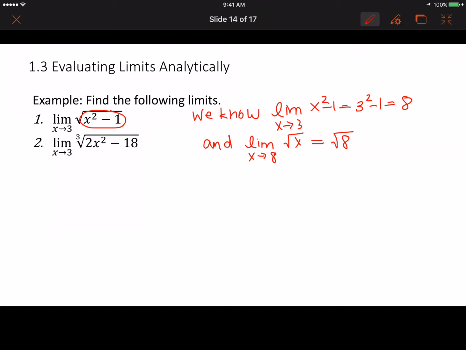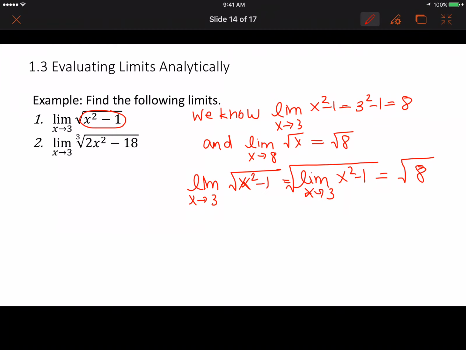So by the last theorem on the previous slide, the one that says if we have the composition of two functions, we can bring that limit in, we can conclude here that the limit as x approaches 3 of the square root of x squared minus 1 is the square root, let's write it this way, the square root of the limit as x approaches 3 of x squared minus 1, which is the square root of 8.